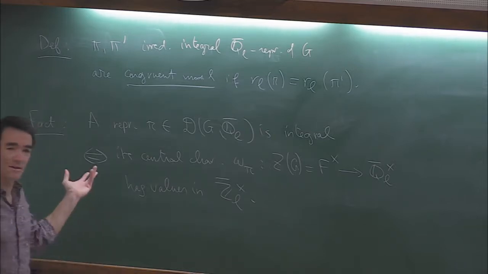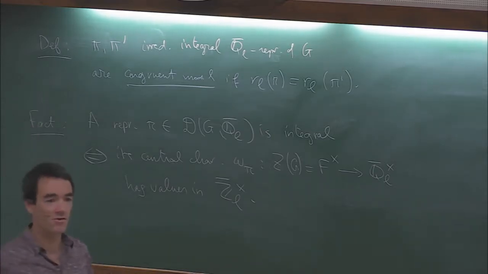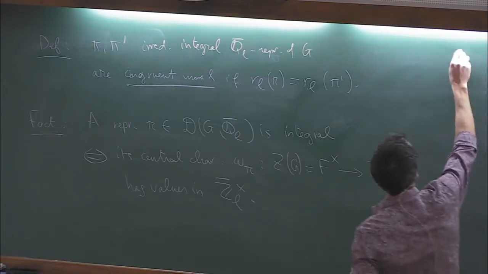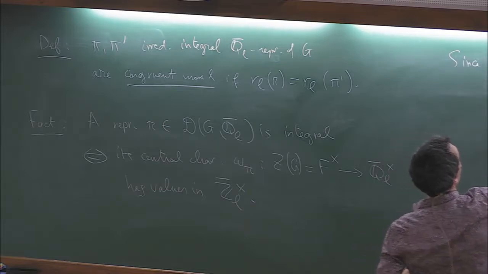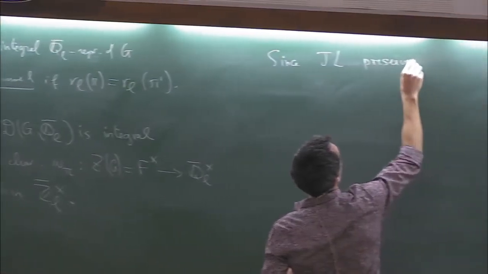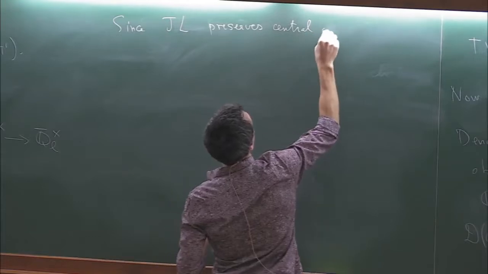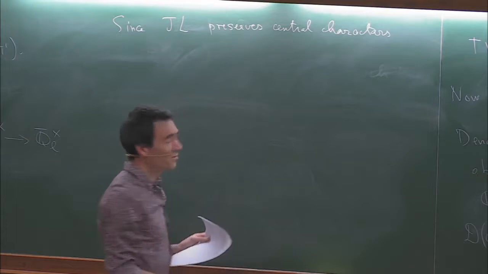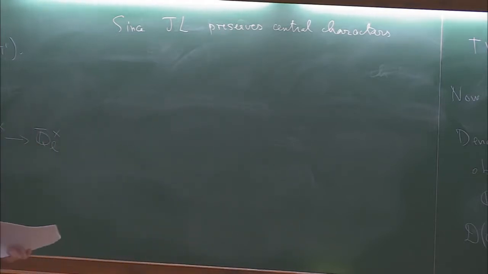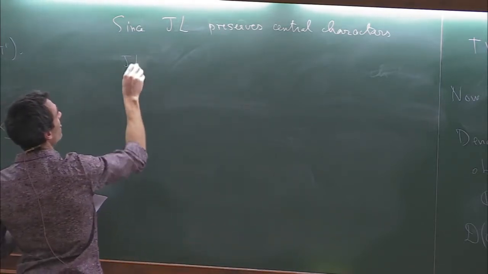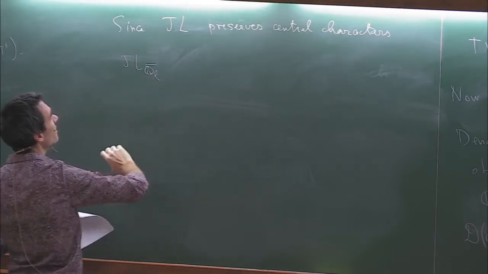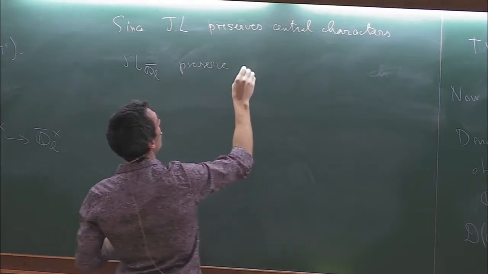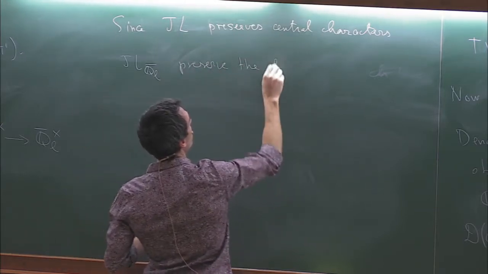So this criterion is very convenient because it is known that the Jacquet-Langlands correspondence preserves central characters. So since the Jacquet-Langlands correspondence preserves central characters, in particular the L-adic Jacquet-Langlands correspondence will preserve the fact of being integral.